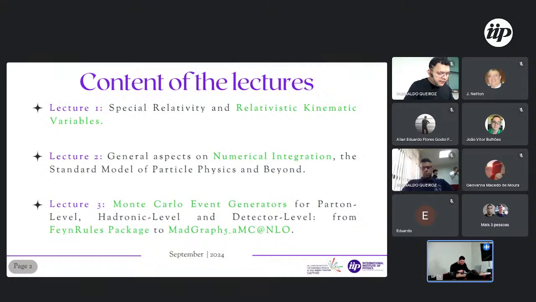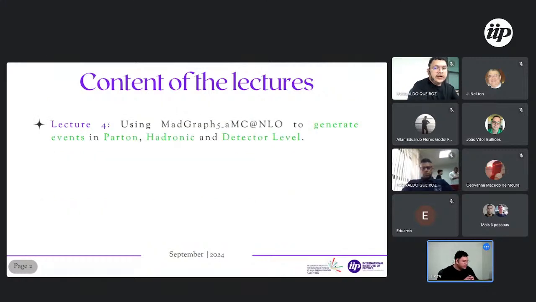And for the lecture number 4, we are going to use MadGraph with advanced features. So here we are going to learn to generate events at parton level, hadronic level, and detector level. It's important to say that MadGraph by default generates events at parton level.